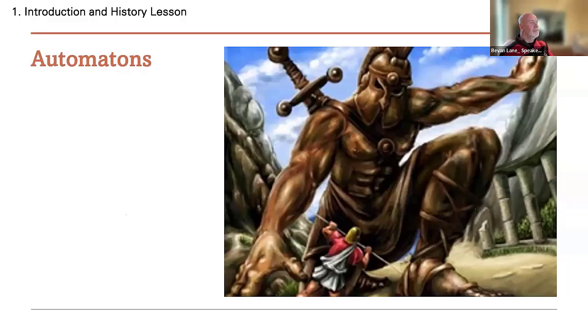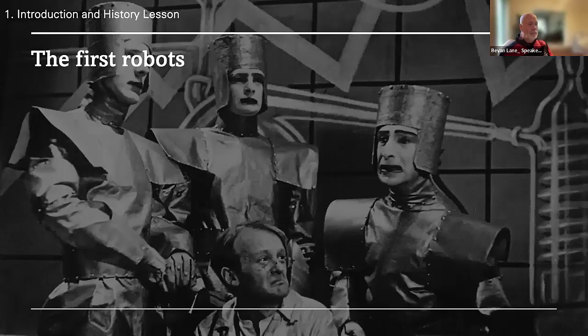So then we got to the early 1900s, and the term robot was first used in the early 1900s in the Czech Republic. And we found it quite funny when we researched this: when you typed on ChatGPT and asked where the word robot comes from, it told you it comes from ancient Greece.